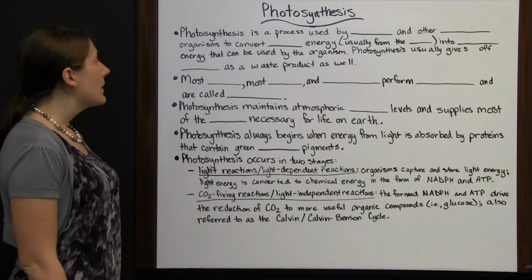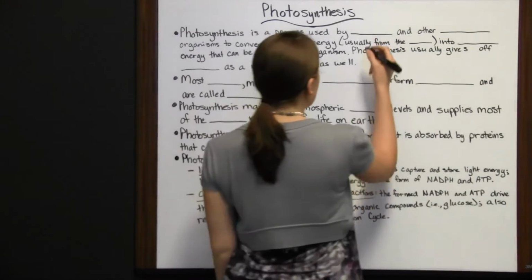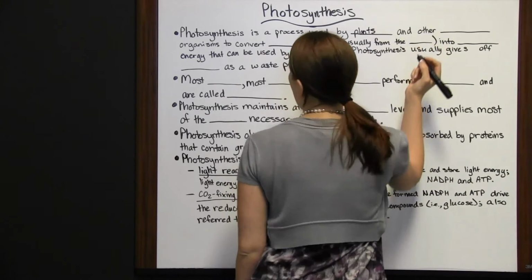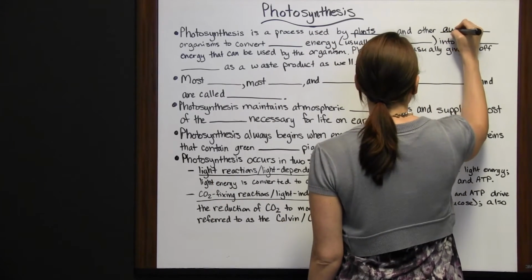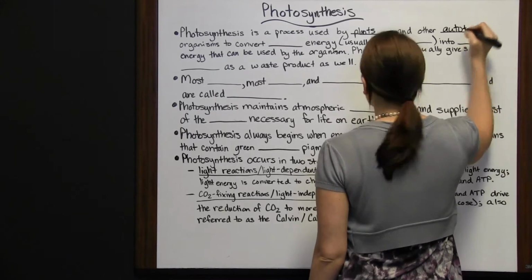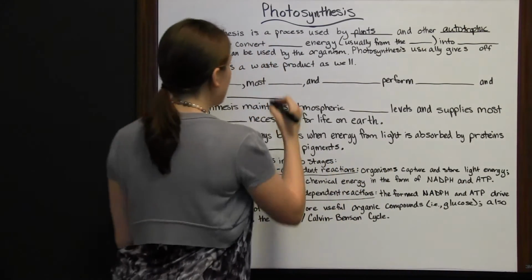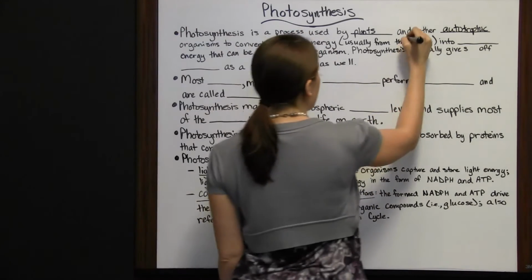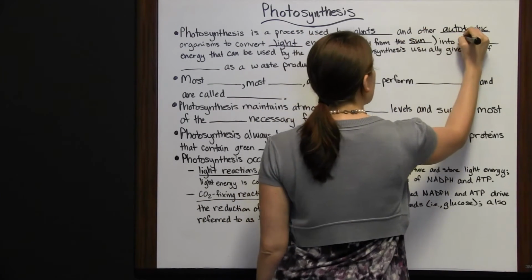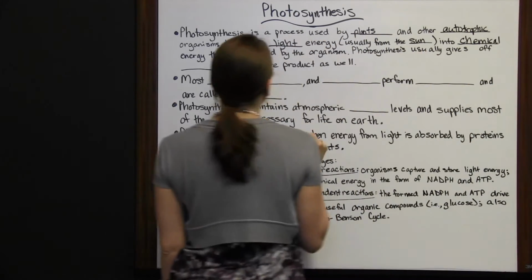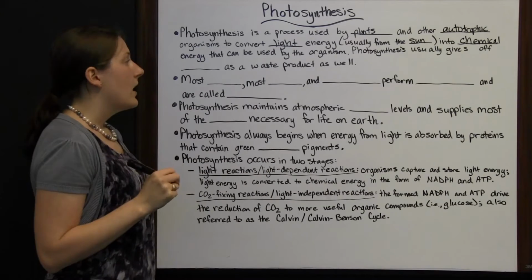Photosynthesis. Photosynthesis is a process used by plants and other autotrophic organisms to convert light energy, usually from the sun, into chemical energy that can be used by the organism.